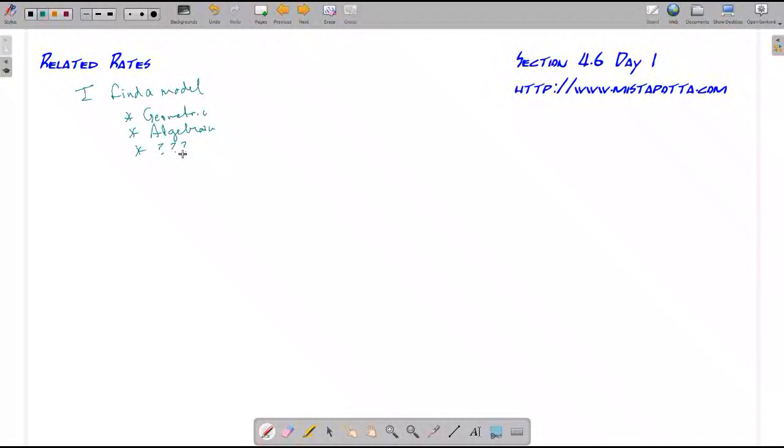So I had to come up with some formula that correlated the volume to the radius. So that's the first thing I have to do, come up with some type of model. And the second thing is to take the derivative with respect to time.